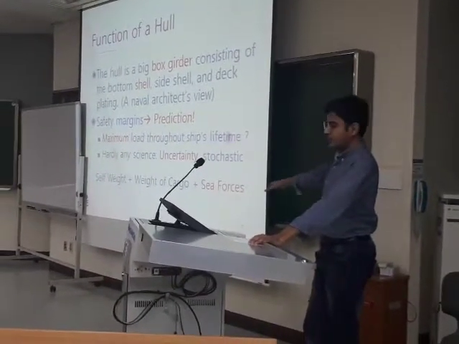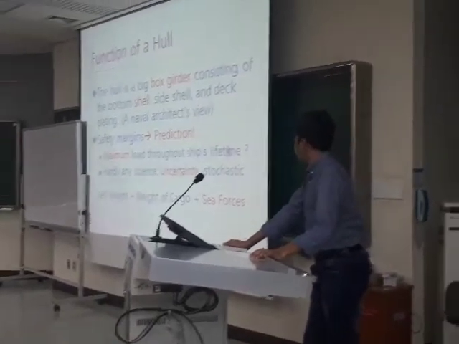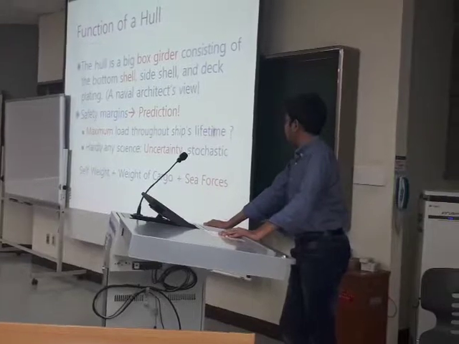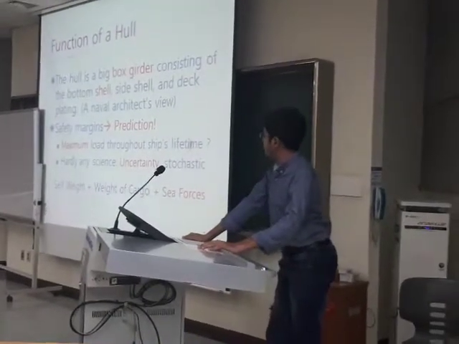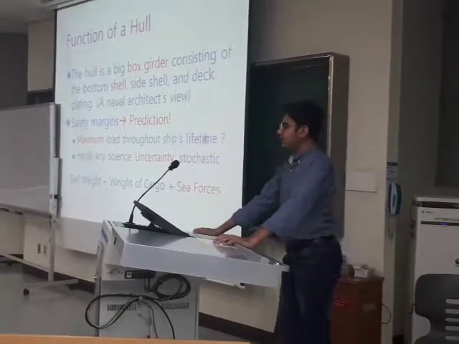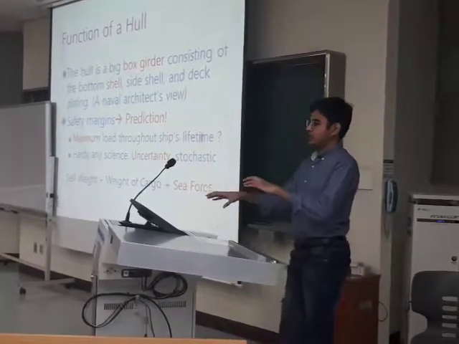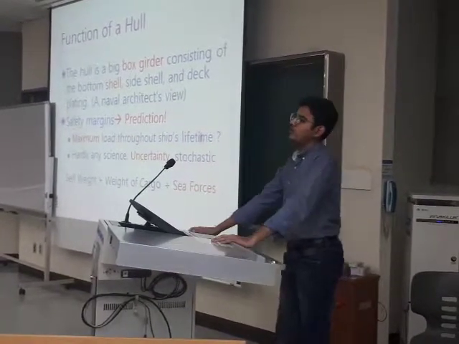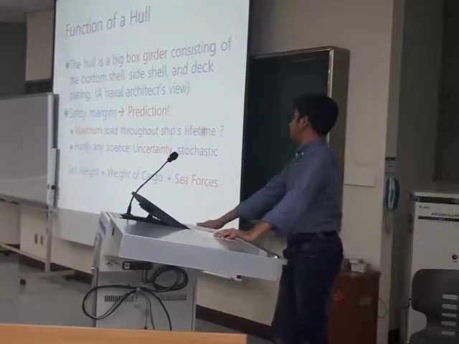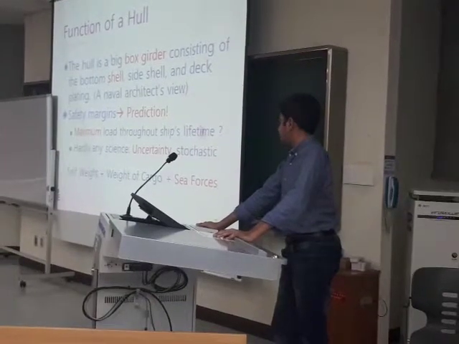So the third part we do not know exactly. That is the reason we make predictions, and there is less science, less engineering, and more statistics involved, because we do not know how much will be the size of the biggest wave that the hull is going to encounter.